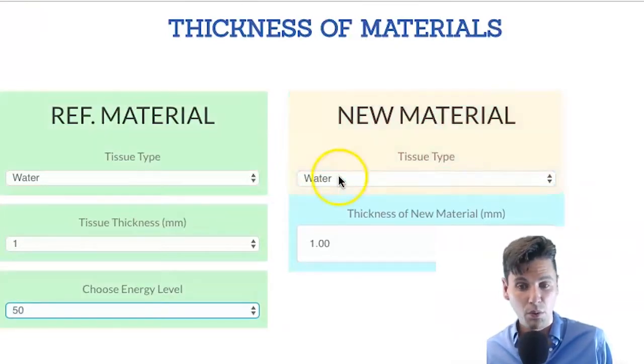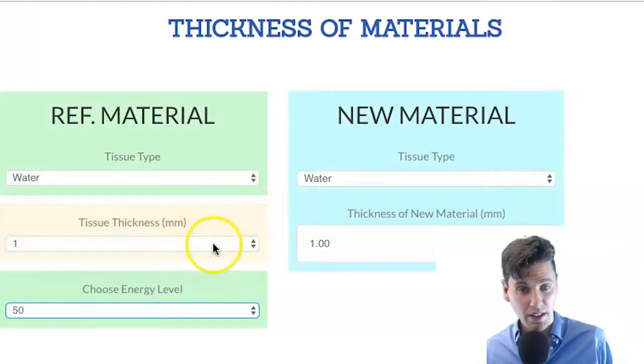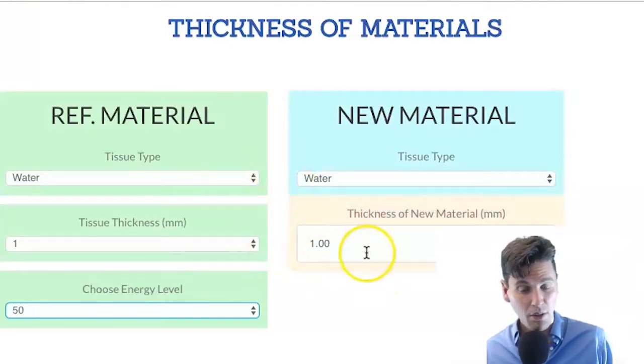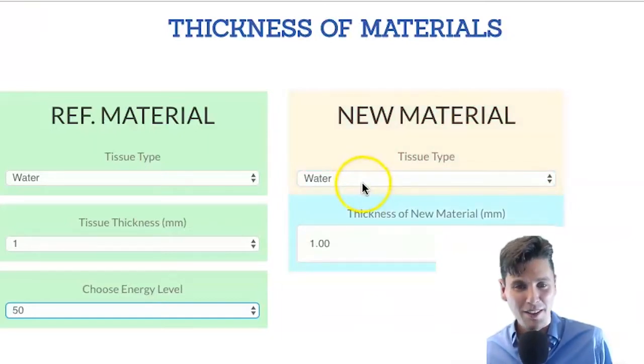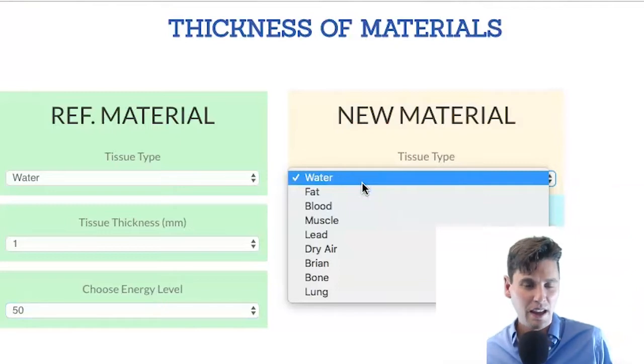So if we start with water and water, we have a thickness of 1. Obviously, we're going to have a thickness of 1 for the second amount of water because it's the same water. Now what if, instead of water, the second material is bone? Do I need more or less bone in order to stop the same amount of X-rays?